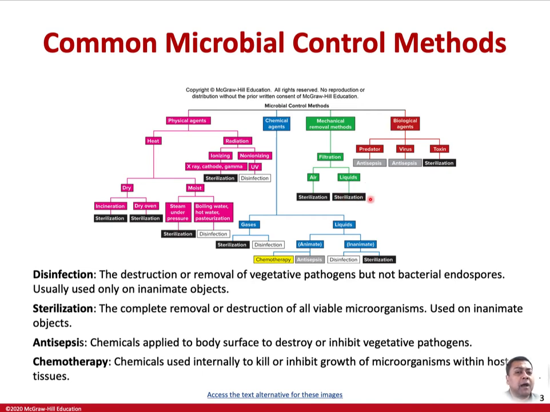So except viruses and Mycoplasma, which is a group of bacteria, all others can be sterilized. So this is an important consideration, that although we are talking about sterilization, it is not 100% that we get rid of all different types of microorganisms.